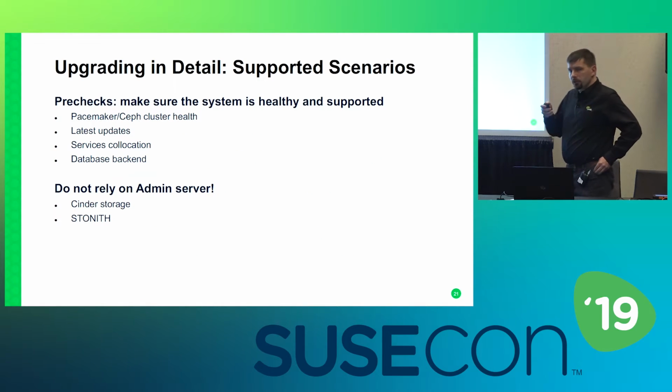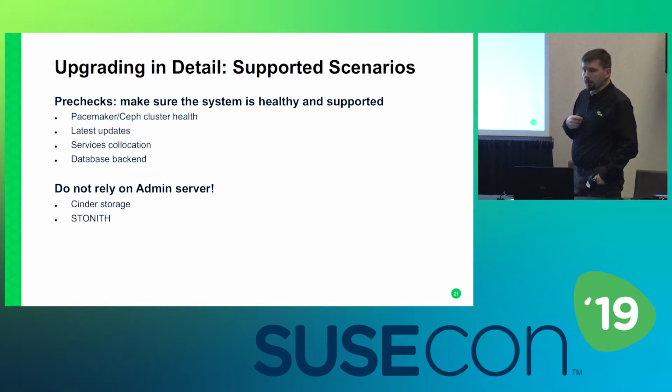Now, as I mentioned before, obviously we need a list of supported scenarios. It was mentioned before that, for example, Cinder cannot use local disk as a store, and this is not a complete list of checks, just some examples.